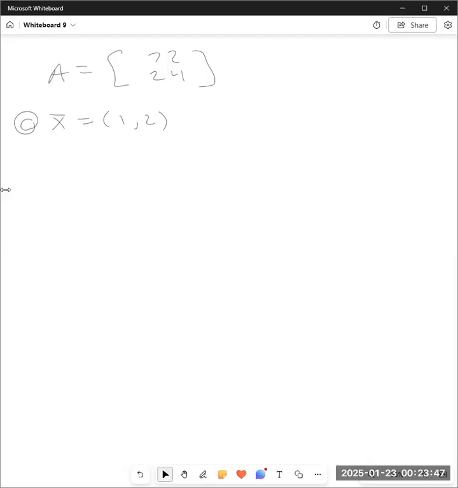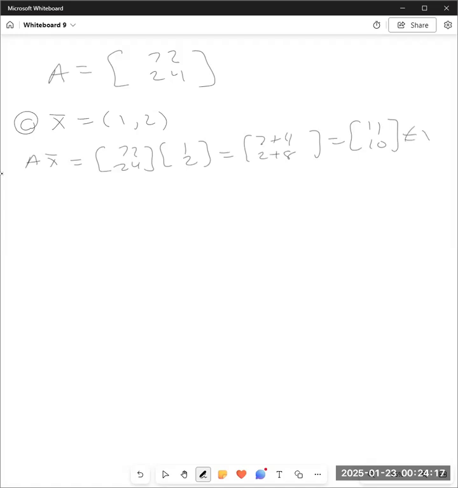So I'm going to take Ax, which is 7, 2, 2, 4 times 1, 2, which equals 7 plus 4, 2 plus 8, that's 11, 10, which in no way has a factor that comes out that leaves me with 1, 2.